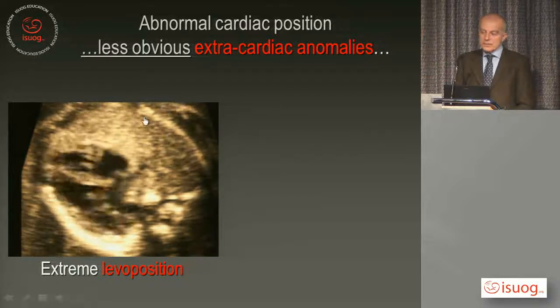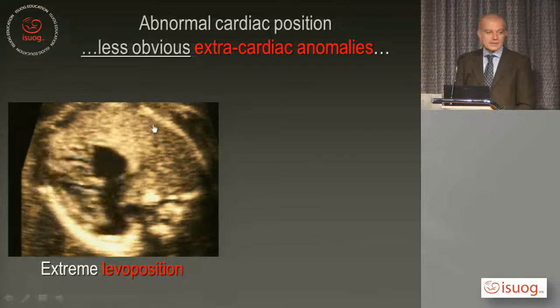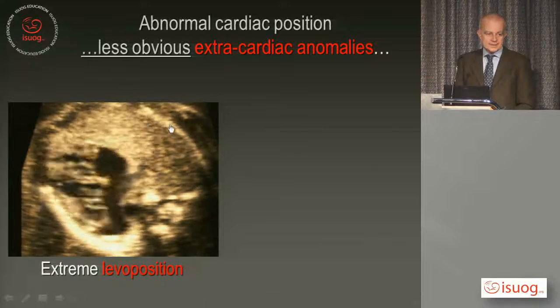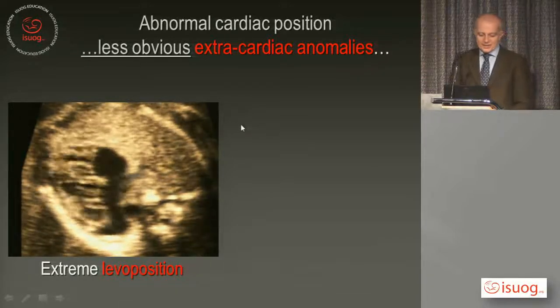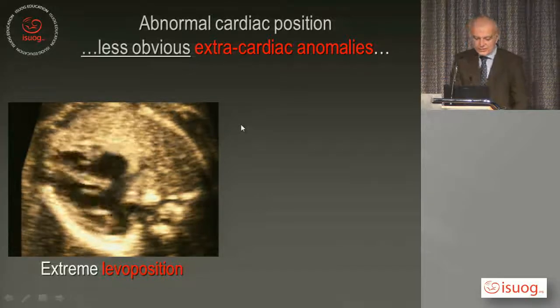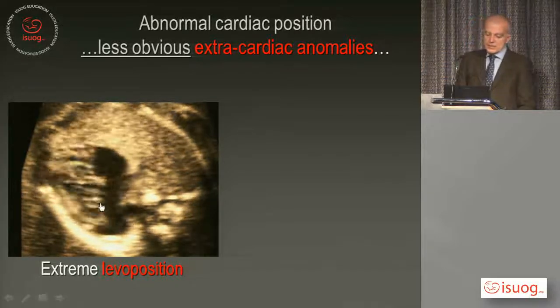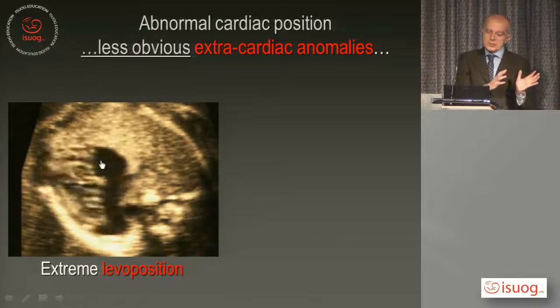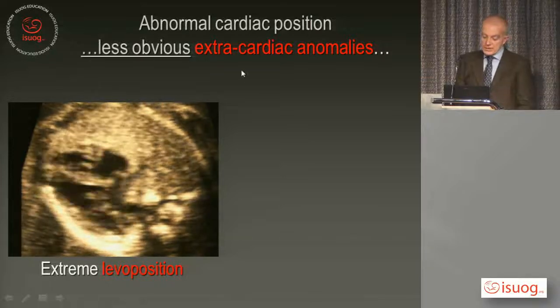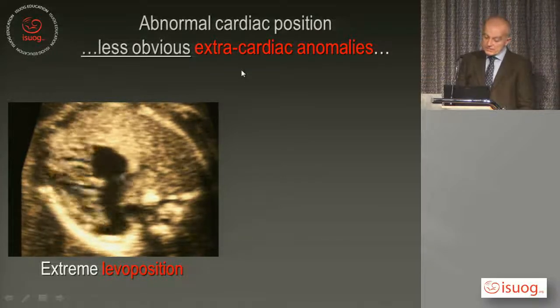Scimitar is only on the other side, on the right side. Is that a hernia? No. The colleague here told it was correct. This is a left lung agenesis. So in this case, the heart was completely moved towards the left hemithorax because the left lung was completely absent.